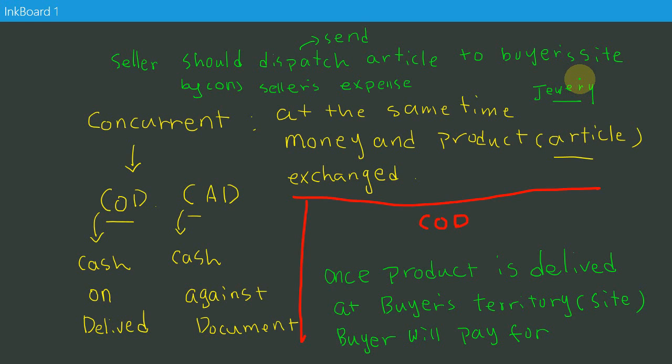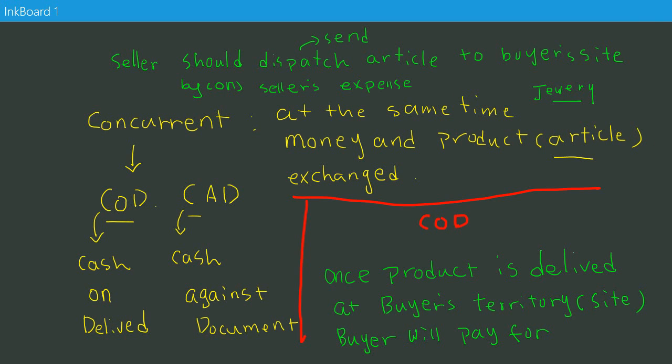But one thing you have to be cautious about when using this method is that the product should be dispatched not directly to the buyer, but instead to the representative or agent of the seller at the local place of import.